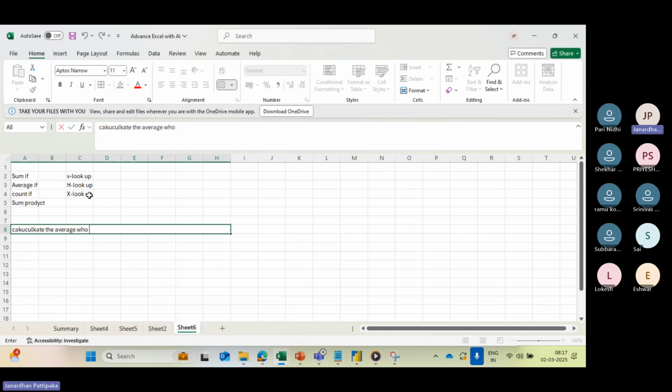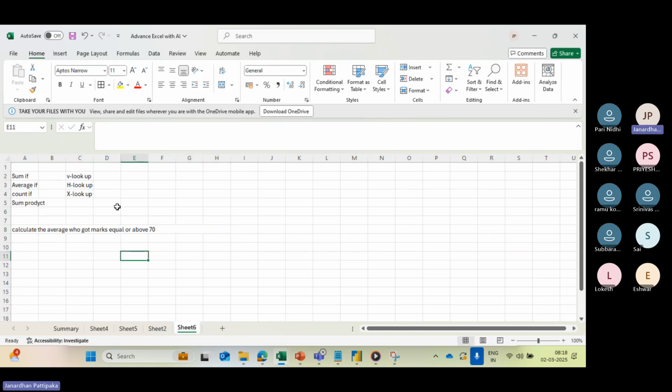I want to calculate the average of the persons who got marks equal to or above 70.